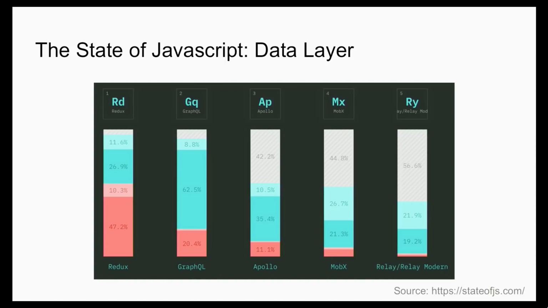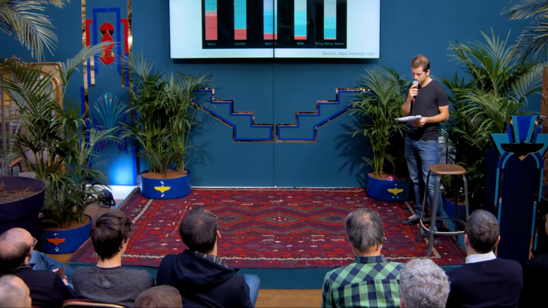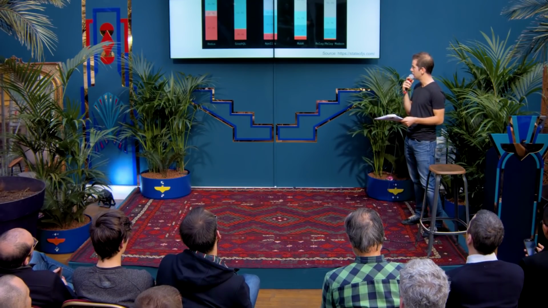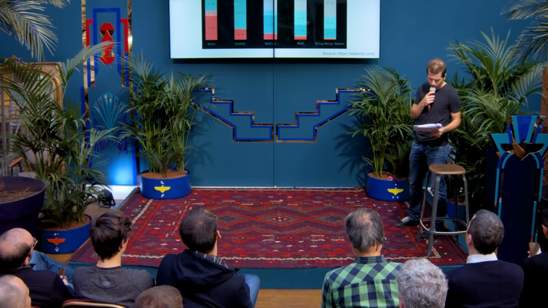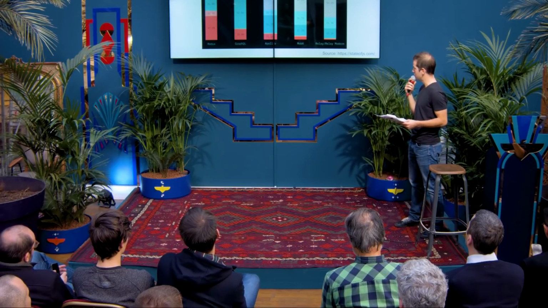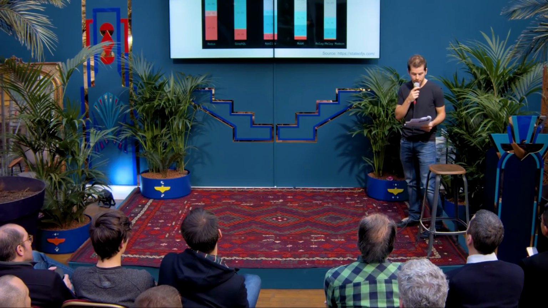But you can see that GraphQL is becoming more and more popular. So projects like Apollo and Relay make it easy to integrate GraphQL in your React app. So maybe the days of REST APIs are over. On a more personal note, we're using Relay Modern at Inato, and I find it really awesome.